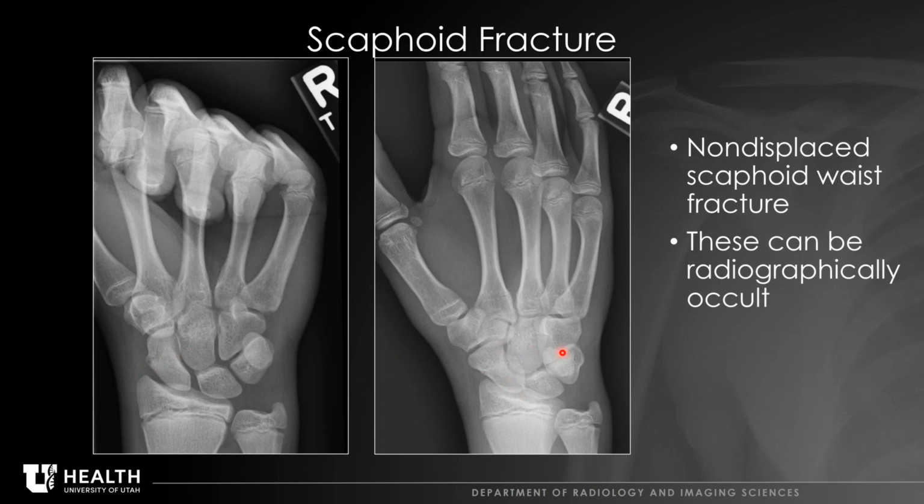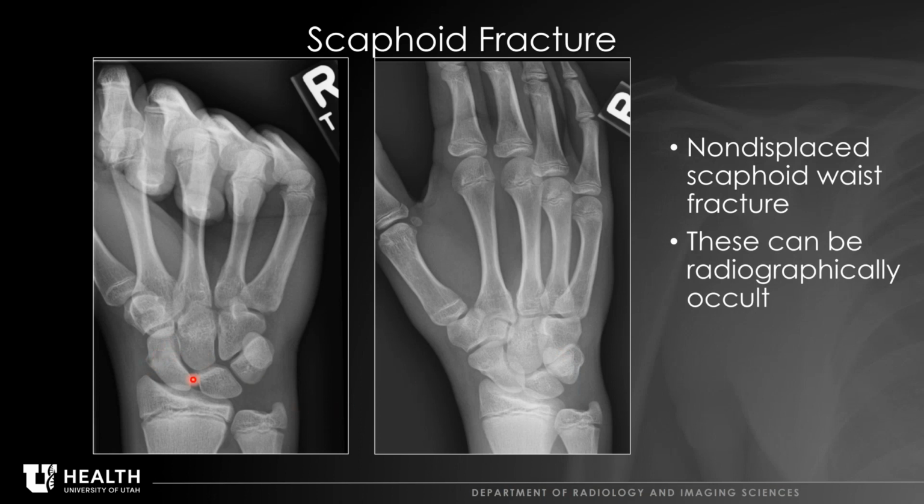So a lot of times as radiologists we'll say we don't see a fracture, but if there's pain in the anatomic snuffbox, splint it and then get repeat radiographs in 7 to 10 days or 10 to 14 days. Usually after about that time, we start to see fracture resorption. In the healing process of the bone, we actually get resorption at the fracture line before we produce new bone, so the line would get bigger and more apparent.